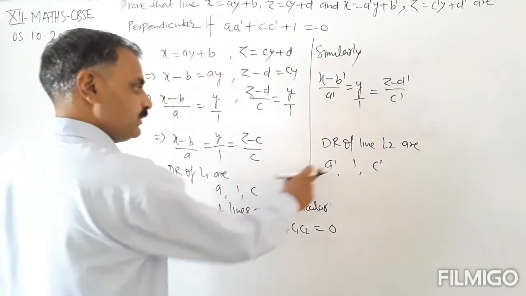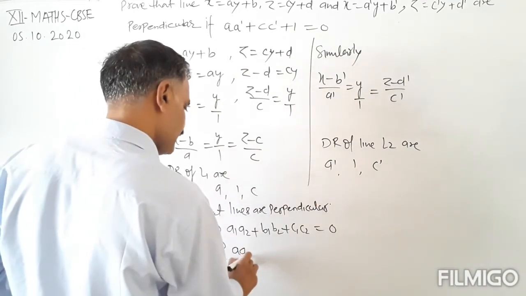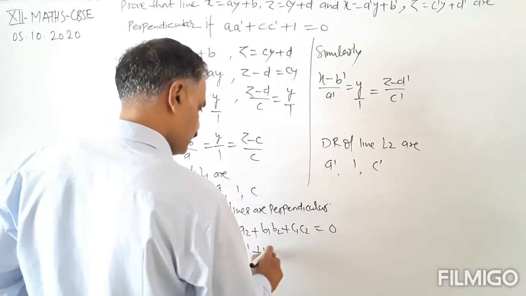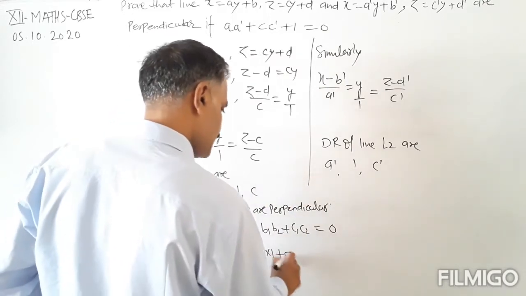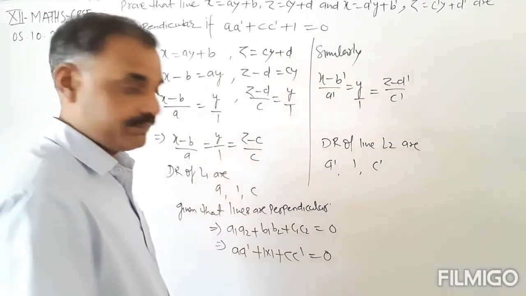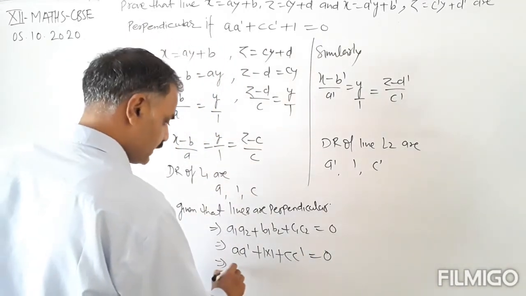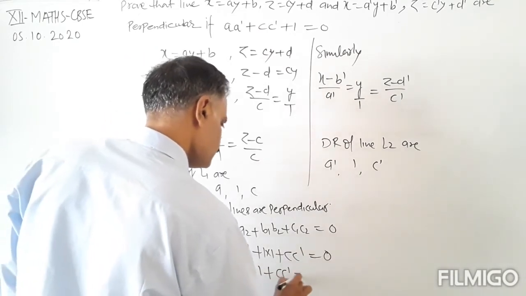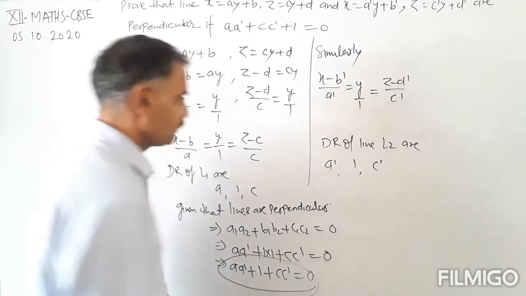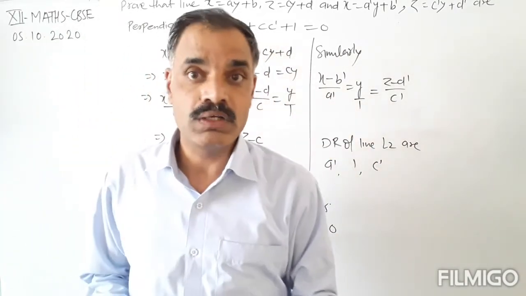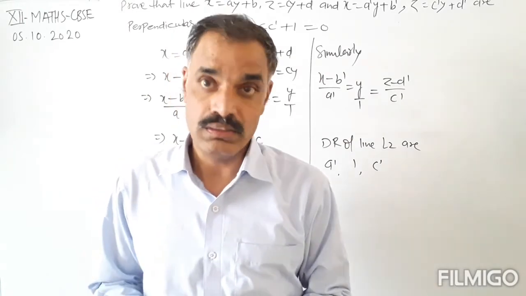Means a into a dash plus 1 into 1 plus c into c dash equals 0. After simplifying this, we will have aa dash plus cc dash plus 1 equals 0. This is the condition that the given two lines are perpendicular.